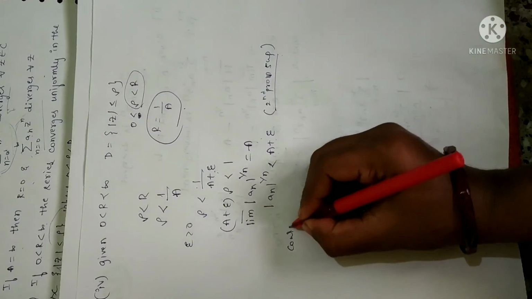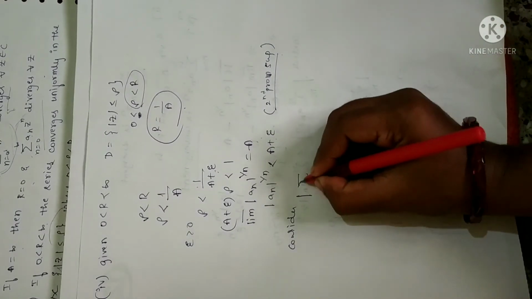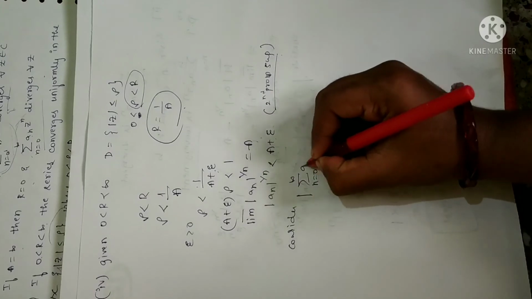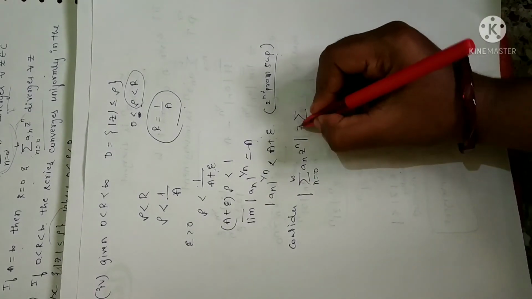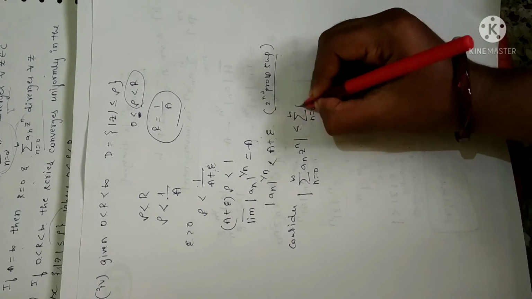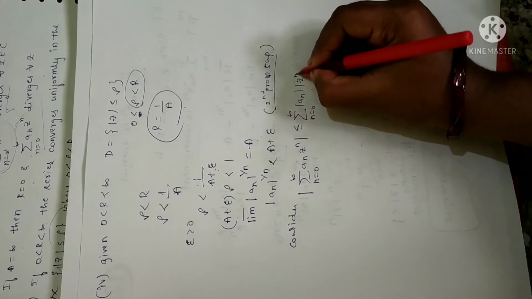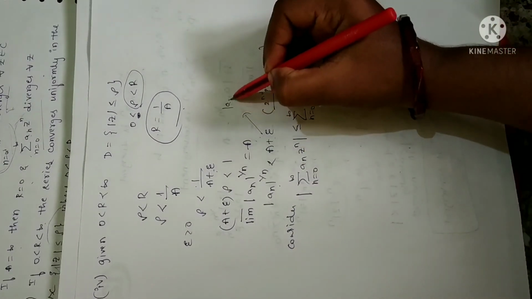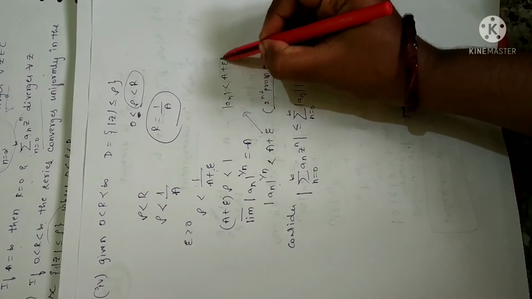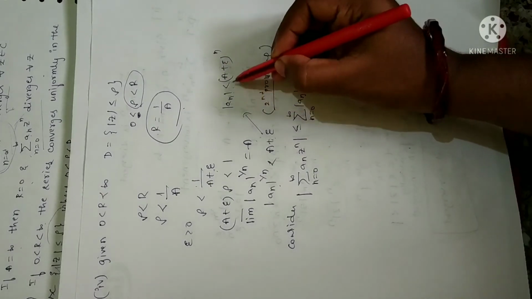Now let me consider the magnitude of the summation n equals 0 to infinity of a_n into z power n. We can split the magnitude inside, so I can write this as magnitude of a_n into magnitude of z^n. From this statement, a_n will be less than (a plus epsilon) power n.